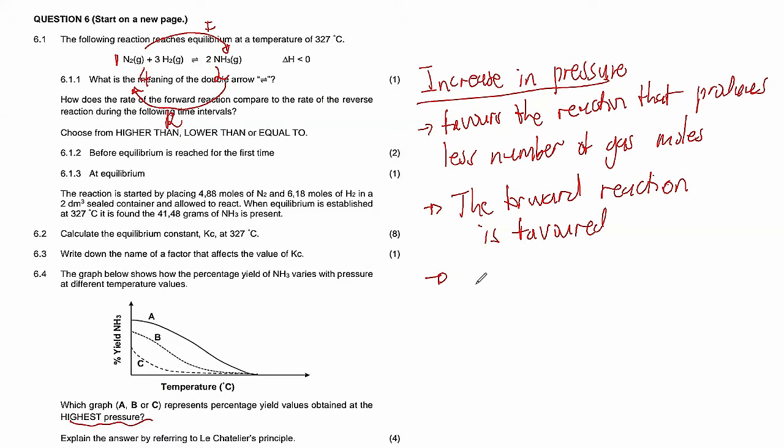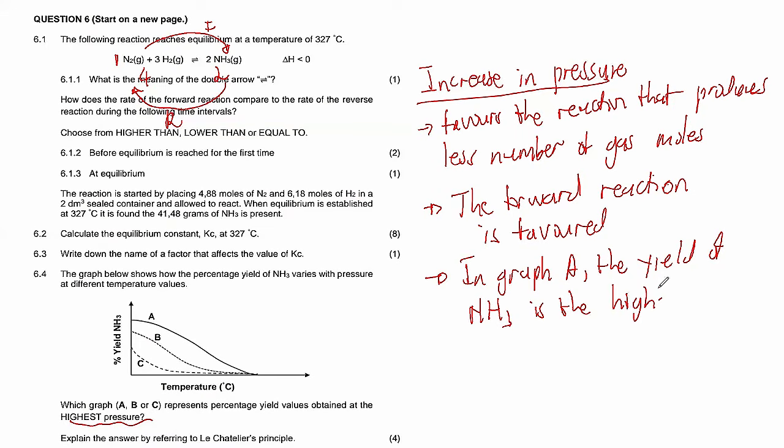So that means, in other words, in graph A, the yield of NH3 is the highest.